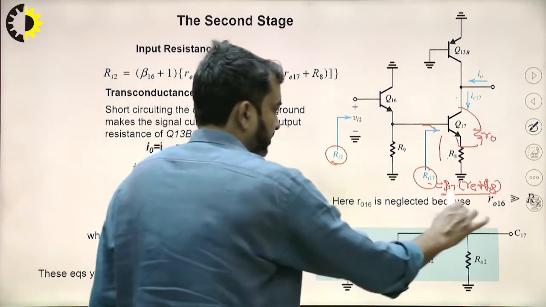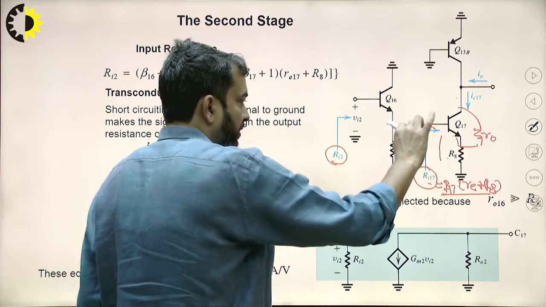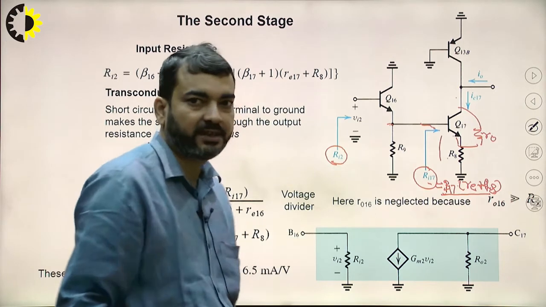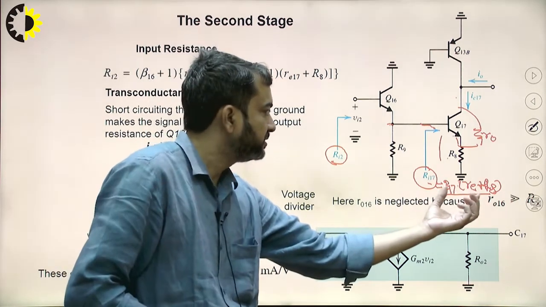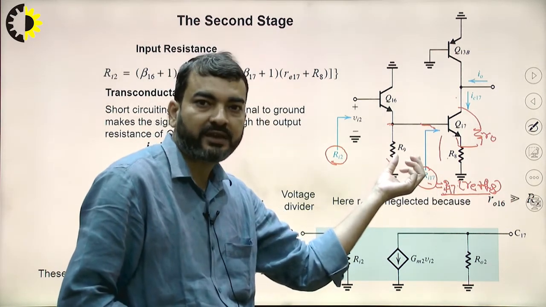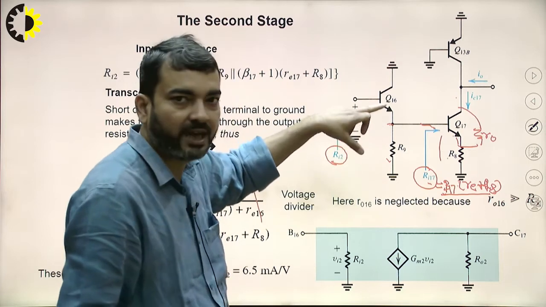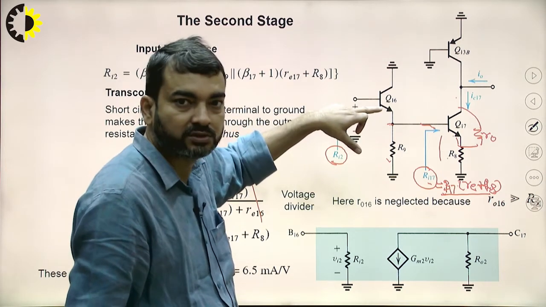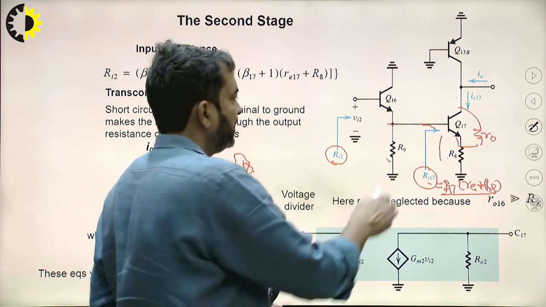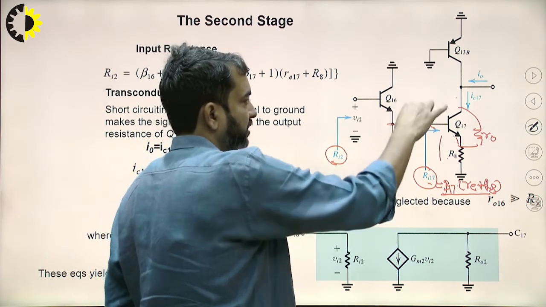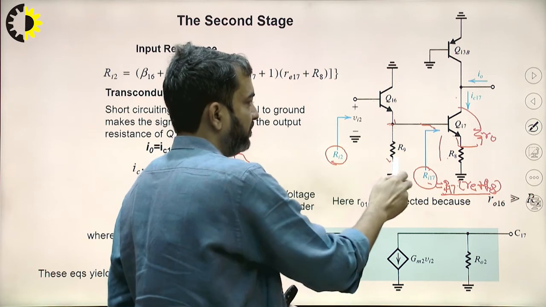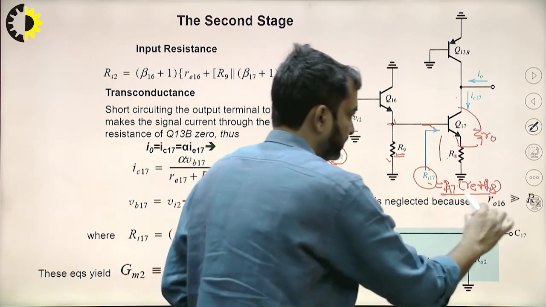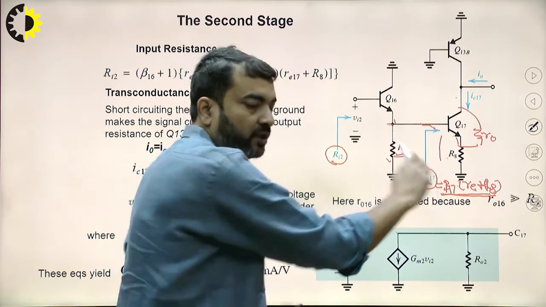Now this resistance is in effect parallel to this R9 resistance, and again we will have the emitter resistance of transistor Q16. If we consider the R0 of transistor Q16, we will have R9 parallel to this resistance, parallel to small R0.